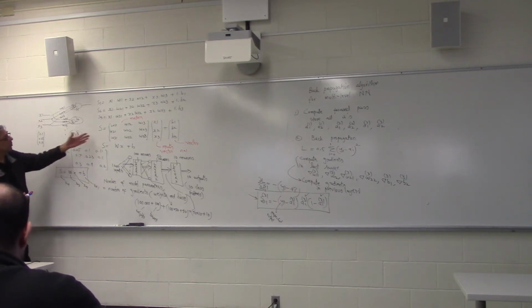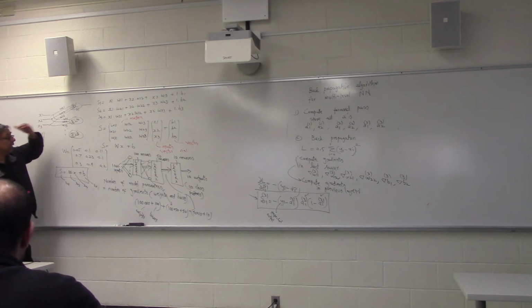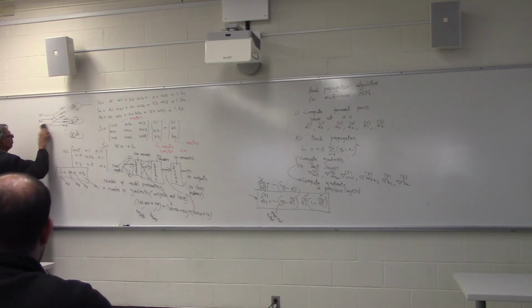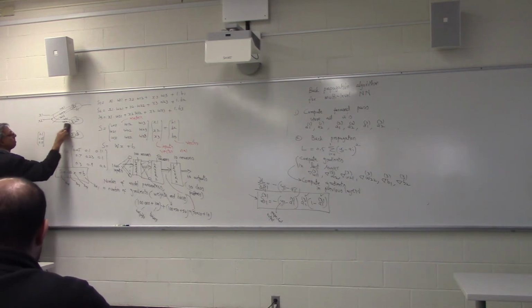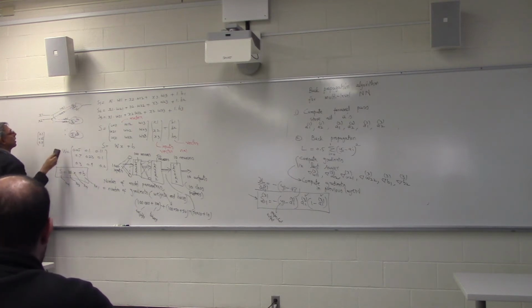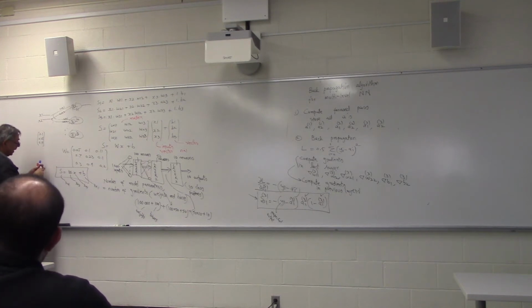Now I took a case of a very symmetric system. What if I change this such that there's only 2 inputs and 3 neurons? So 2 inputs and 3 neurons.